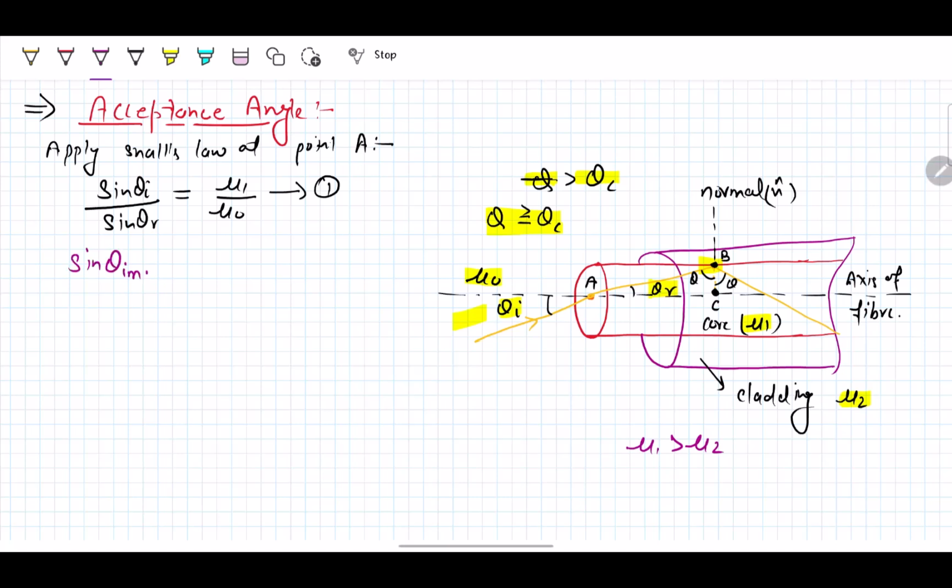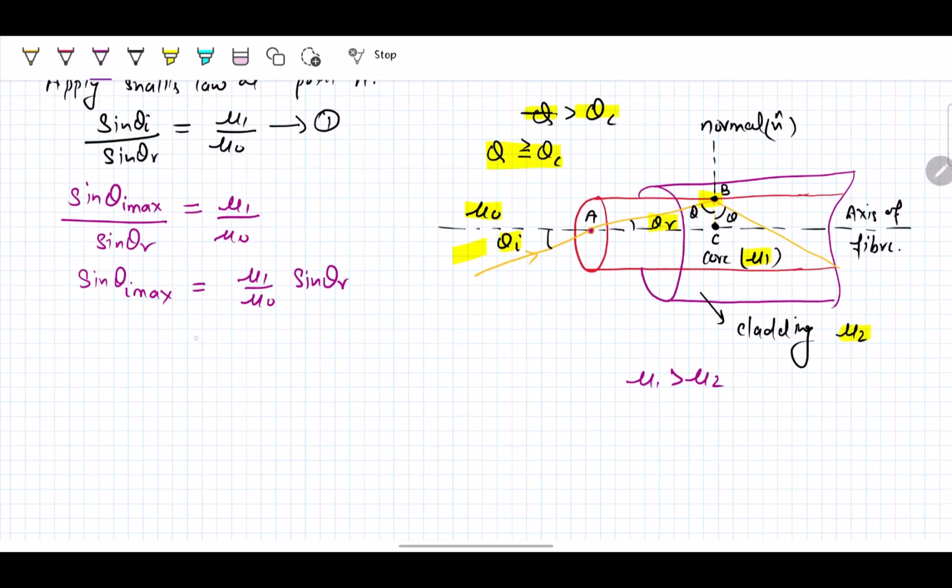Sine theta I max over sine of theta r is equal to mu1 over mu naught. Let's find sine of theta I max from here: it is equal to mu1 over mu naught times sine of theta r, and by using this triangle ABC we can find sine of theta r. So theta r is equal to 90 minus theta, is it?